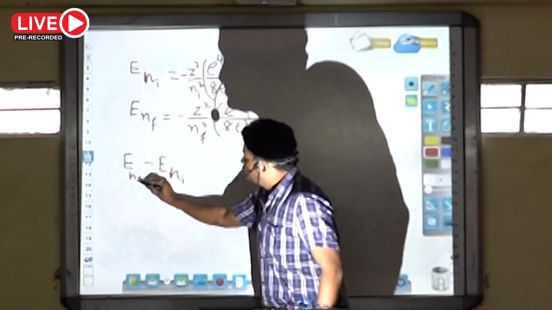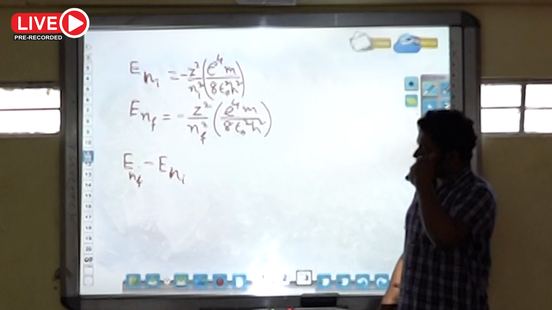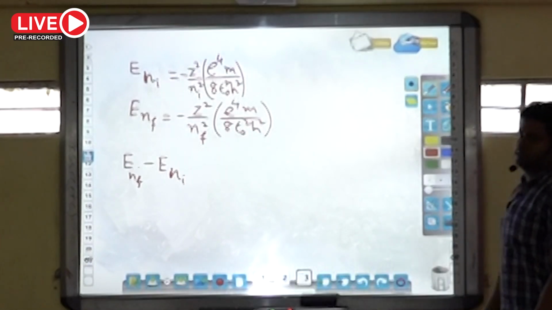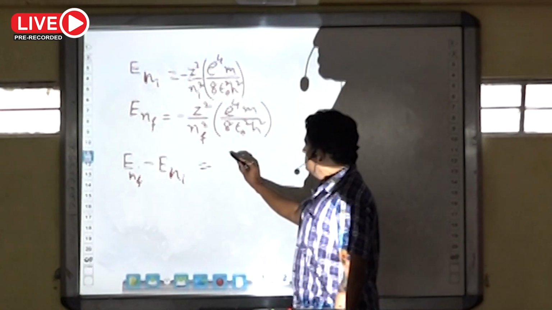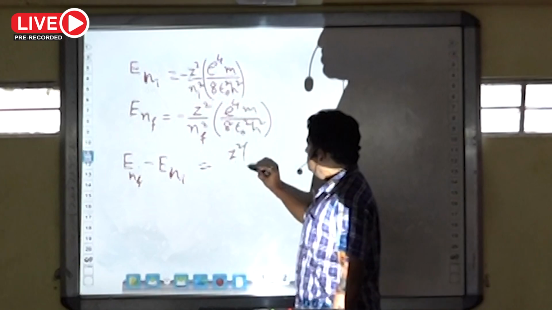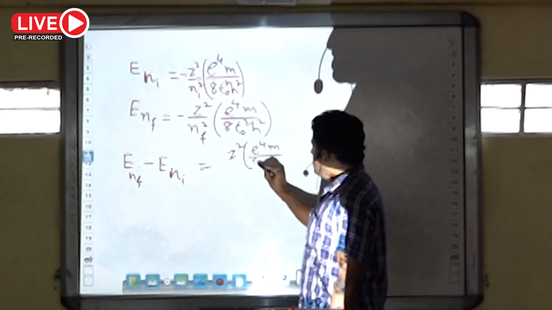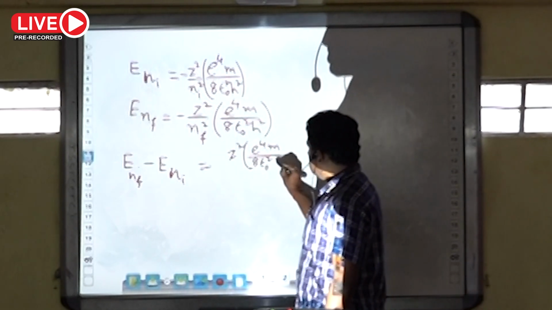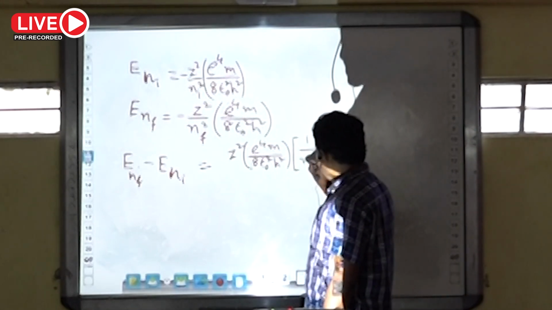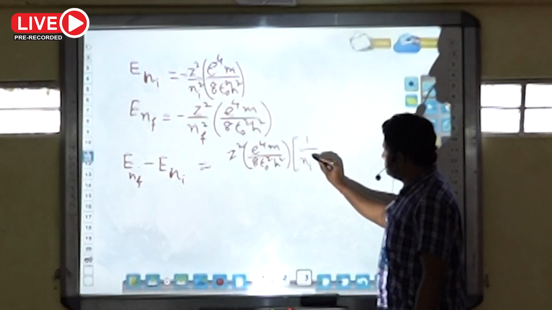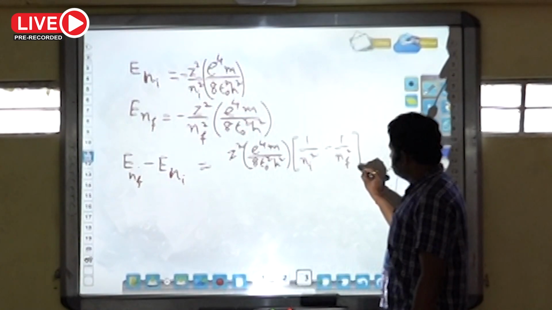Now calculate and tell me the form of E_Nf minus E_Ni. It will become Z square e to the power 4 m by 8 epsilon naught square h square into 1 by Ni square minus 1 by Nf square. Right?